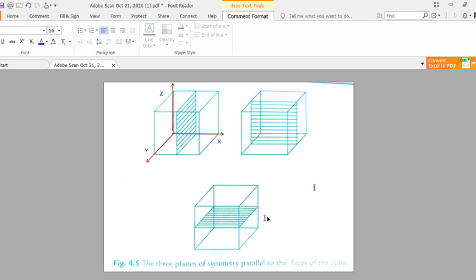So reflection symmetry is nothing but you have to visualize a plane made up of a mirror which gives you the exact identical structure which is in front of the mirror, which exactly mimics the structure which is backside of the reflecting plane. So that is called a reflection symmetry.